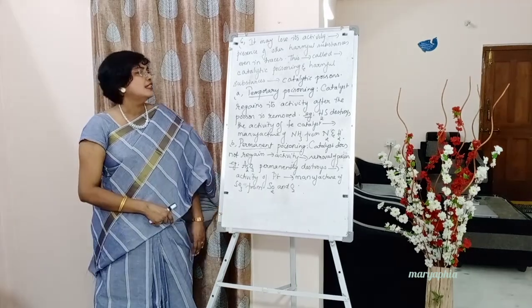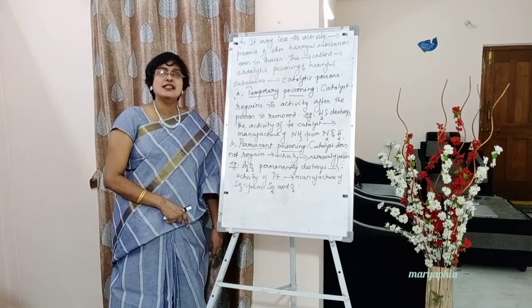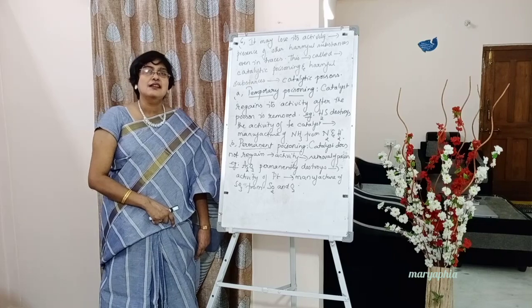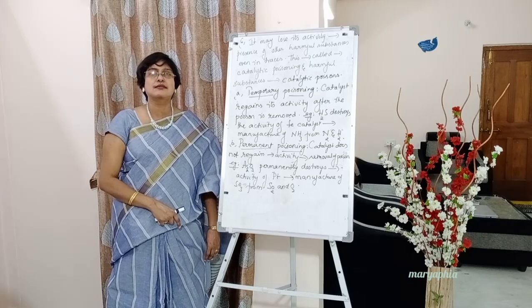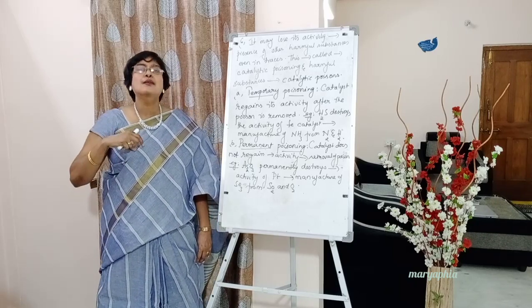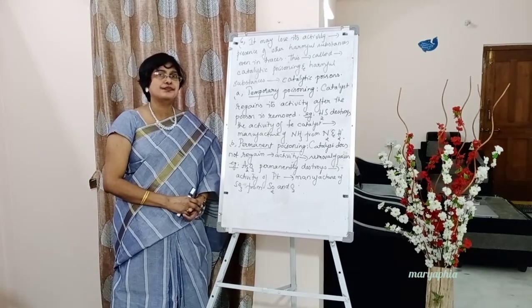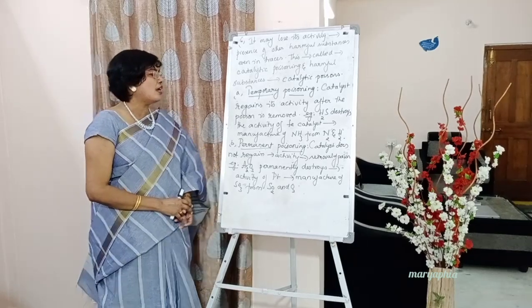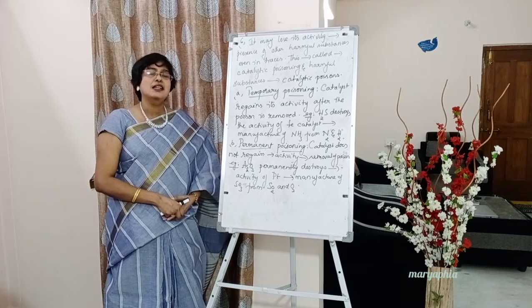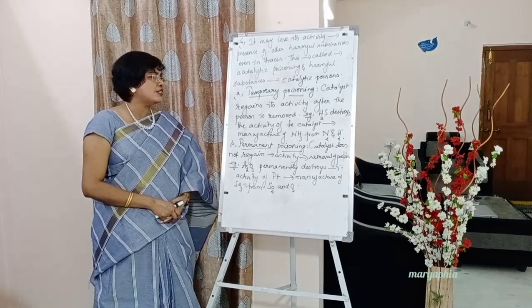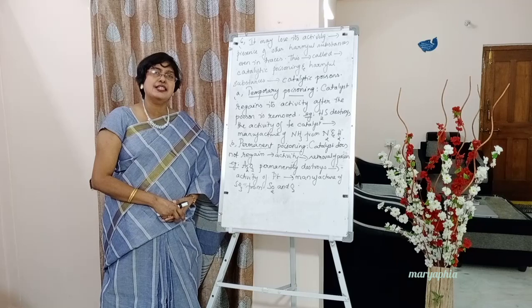So write down, students. Catalyst regains its activity once the poison is removed, or after the removal of the poison. Example, H2S destroys the activity of iron, which is used as catalyst in the manufacturing process of ammonia from N2 and H2.